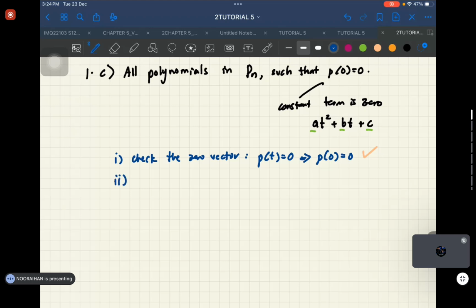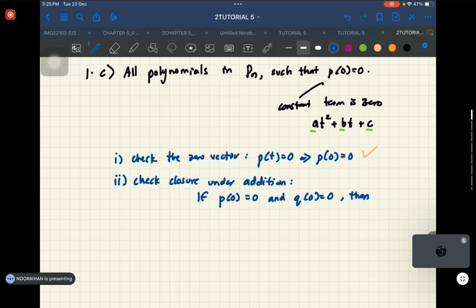Number 2, check closure under addition. If p(0) is equal to 0 and q(0) is equal to 0, then (p plus q)(0) is equal to p(0) plus q(0), which is equal to 0.